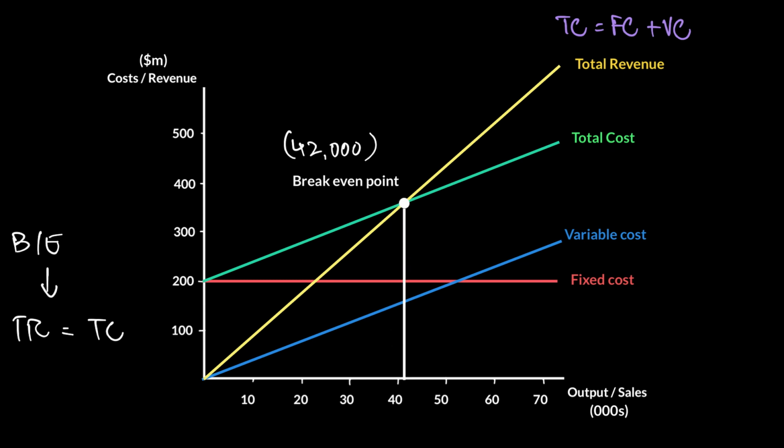So this tells us a little bit about this whole graph. Another thing that we can deduce from this is that any time before the break-even point, look at it a little bit logically, just before this point, my total cost is always higher than my total revenue curve. The green curve is higher than the yellow curve, which indicates that throughout this region, where the cost is higher than my revenue, I'm making a loss.